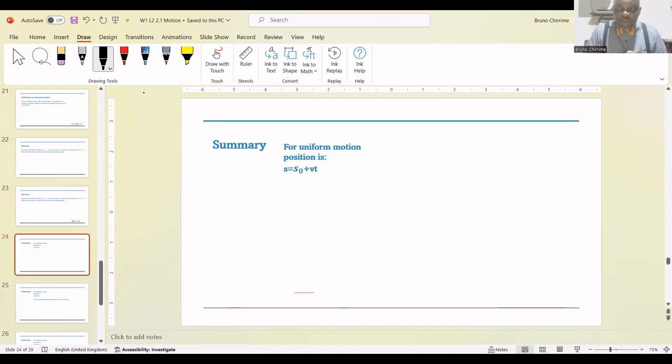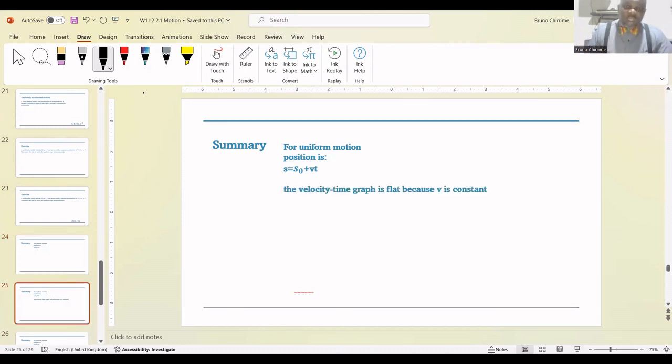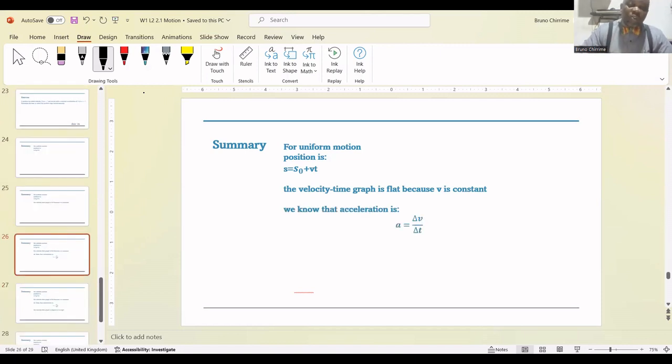We also know that acceleration is delta v over delta t, the change of velocity over time. The gradient, the slope of a v-t graph, gives us acceleration or deceleration.